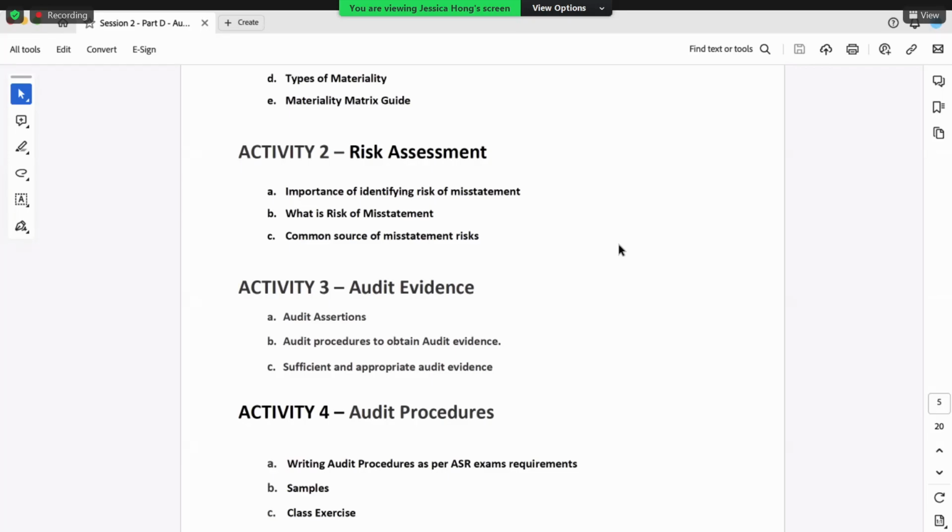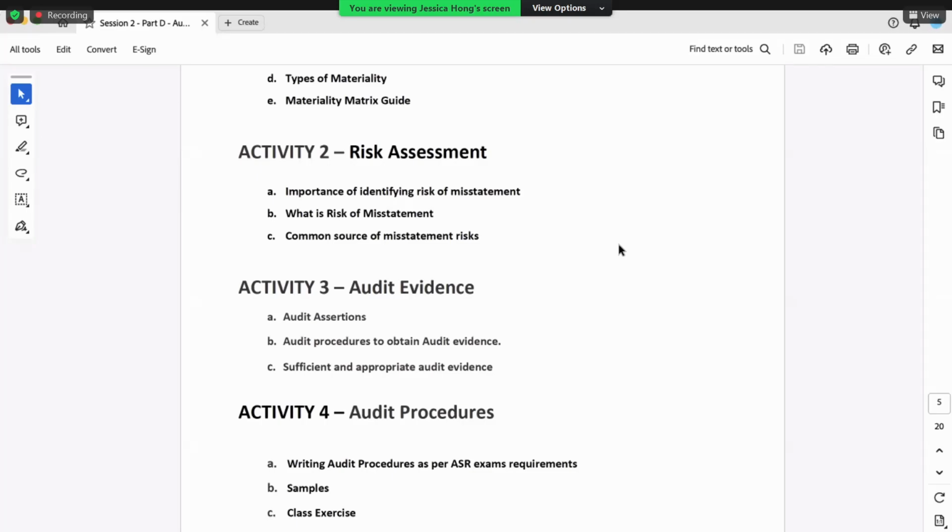In activity 4, we want to highlight audit procedures. Over here, we would like to share with you how we should write the audit procedures. I know that many of you have working experience in the accounting firm, but for exam purposes, there is a specific format that the examiners like for how you should phrase the audit procedures.